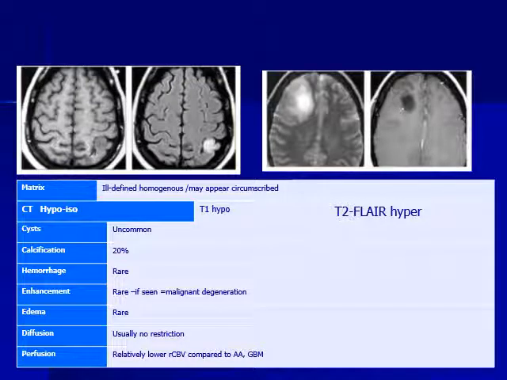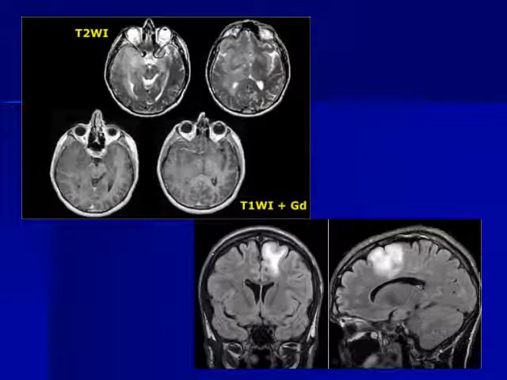For example, this lesion as if taking the territory of the middle cerebral and anterior cerebral, and it is causing expansion or enlargement of the affected gyrus. And this is another one much more well-defined. These are the different appearances of diffuse astrocytoma.